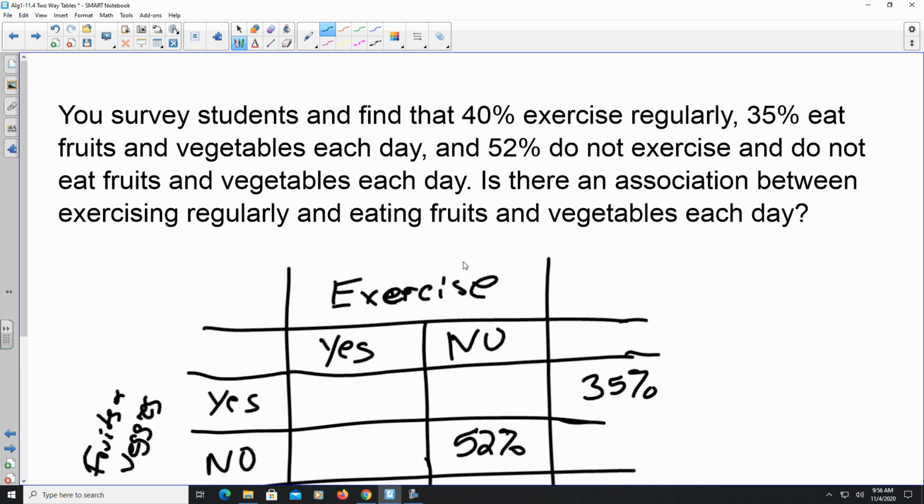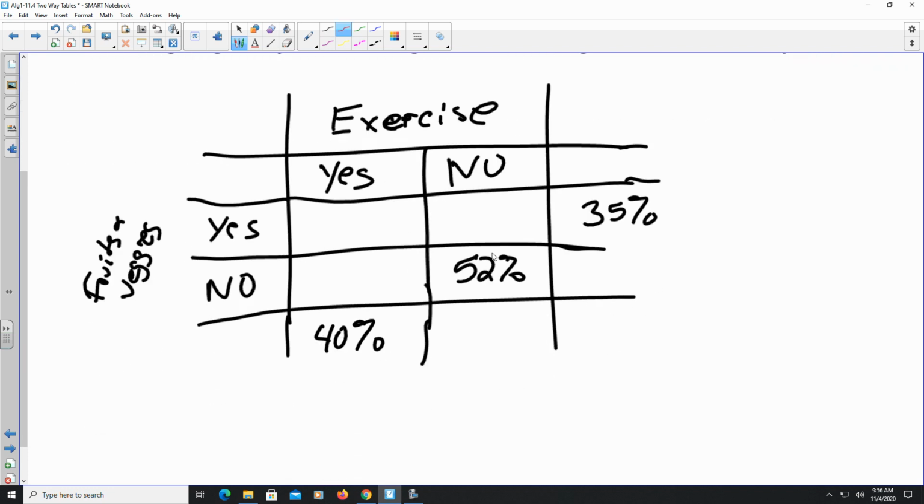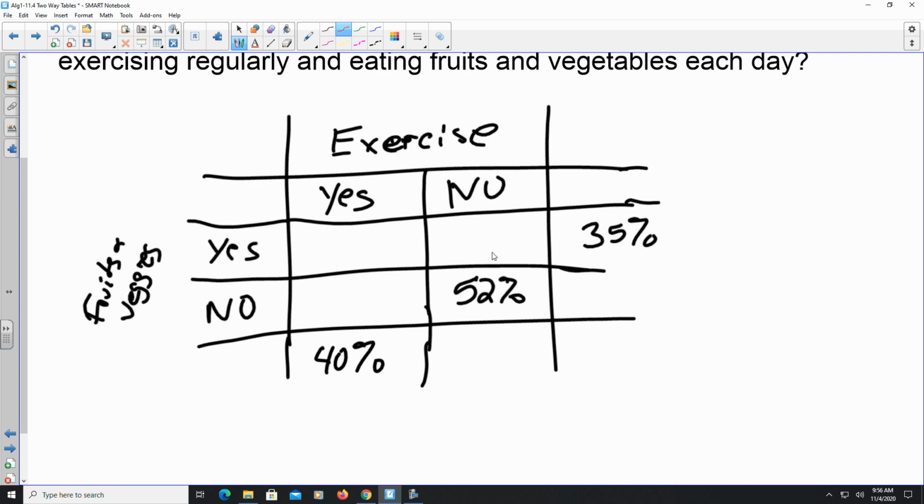They're asking if there's an association, so we're just going to fill in the two-way table with these frequencies as well.